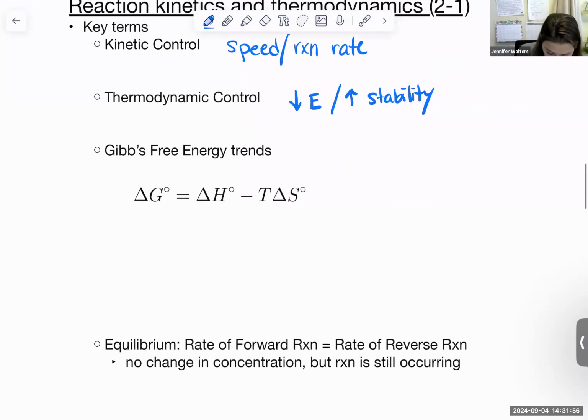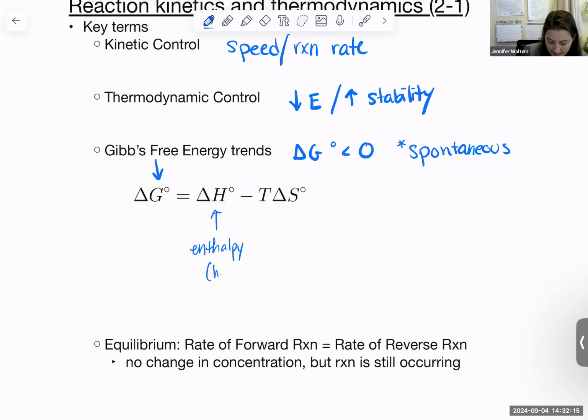Gibbs free energy, that's our delta G. If we have a negative delta G, so that is less than 0, that is what makes a spontaneous reaction. Delta H, that is our enthalpy. That's the heat. T is the temperature. Delta S is our entropy. That is disorder.